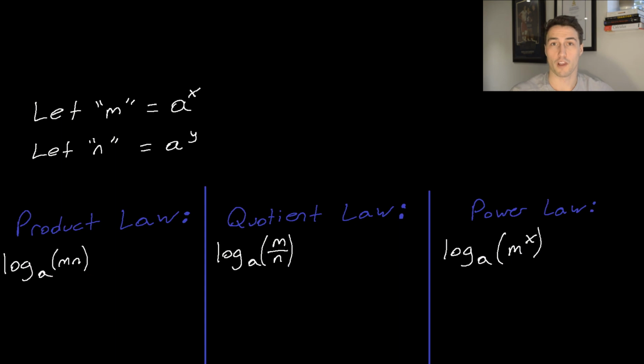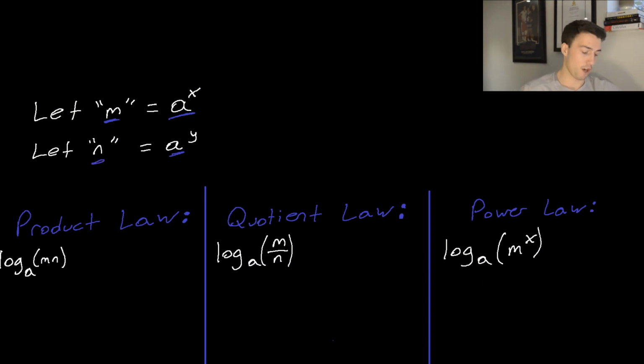So to show the logarithm versions of these, we can derive the product law, the quotient law, and the power law. To do this, we're going to say that m is equal to a to the power of x, and that n is equal to a to the power of y. So for the product law, if we have log base a of mn, this is going to be equal to log base a, and then inside, if we substitute a to the x and a to the y, we'll have a to the x multiplied by a to the y.